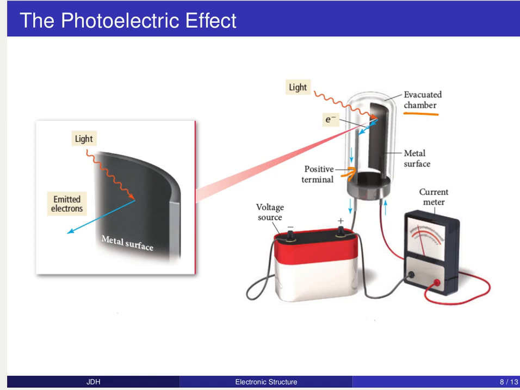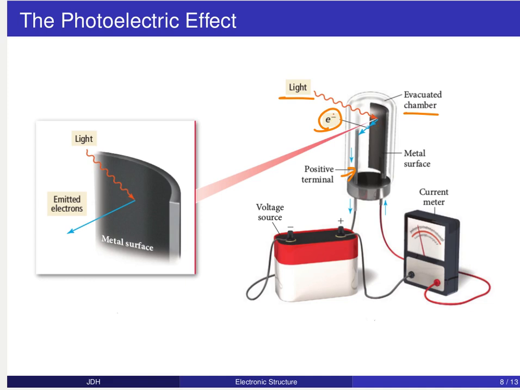Okay. So basically what happens is, if we put a certain type of light, and we'll talk more about that later, if you have a certain type of light coming in through this transparent cover of the evacuated chamber, and that light impacts that metal surface, then under certain circumstances, electrons end up getting ejected or kicked out of that metal.